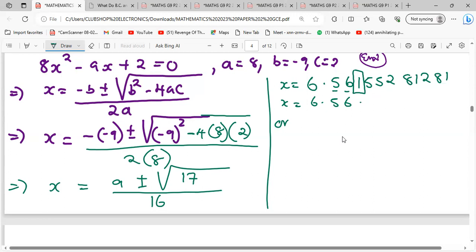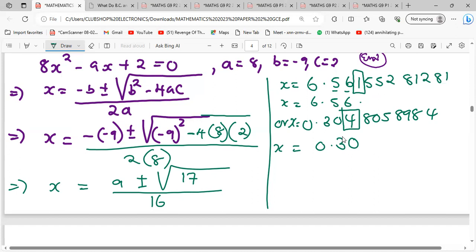So x will be equal to 0.30489884. When you round it off to 2 decimal places, we'll cut here. Take 4 as 0. So you have 0.30 like this.